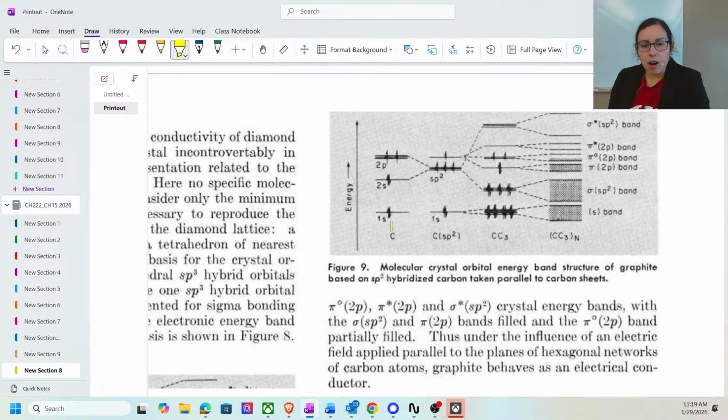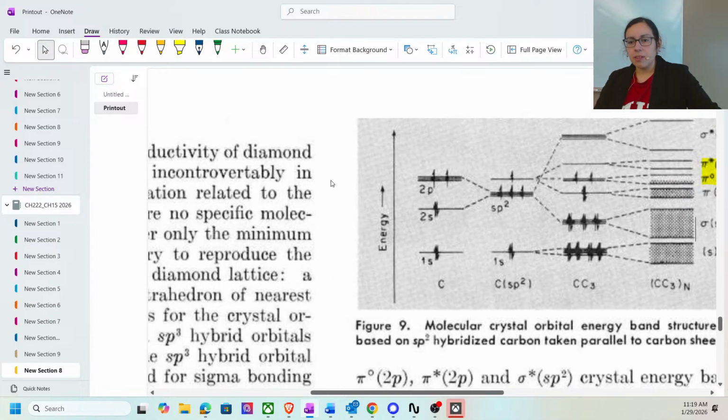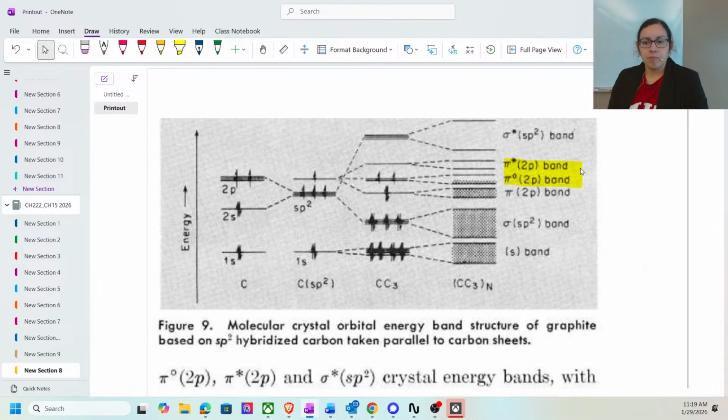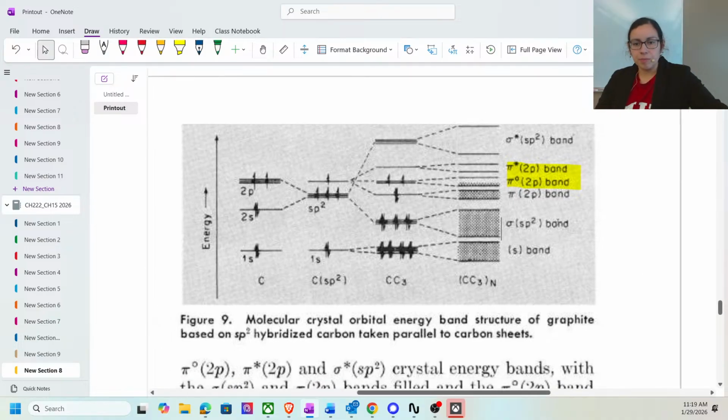Our carbon center, and then we have our sp2 hybridized with our graphite, and then combining those. We see this small band. Most of them are filled, but you can see this small unfilled 2p pi bond.